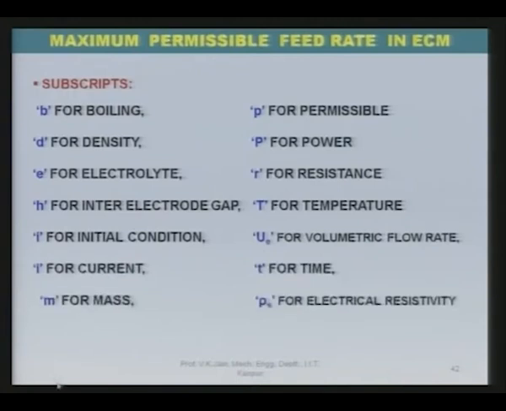B is used for boiling, D for density, E for electrolyte, H for interelectrode gap, I for initial condition, also capital I, not small I, for current, small m for mass, P for permissible and capital P for power, R for resistance, capital T for temperature, U subscript E for volumetric flow rate, small t for time, and rho s for electrical resistivity.